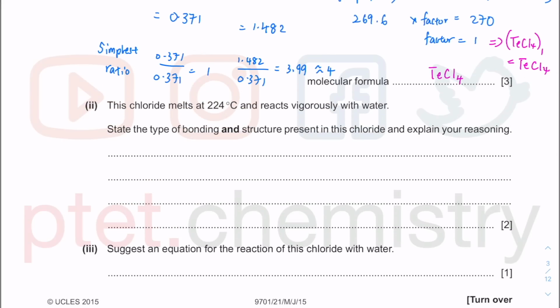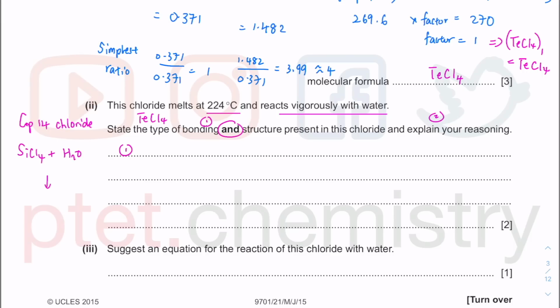Next thing, this chloride, TeCl4, melts at 224 degrees Celsius and reacts vigorously with water. Think about the bonding and structure, and explain your reasoning. So the first bit, we're going to be thinking about things like SCl4, which you don't really do, but what you do is you do the group 14 or group 4 chloride, SiCl4, which does react with water.